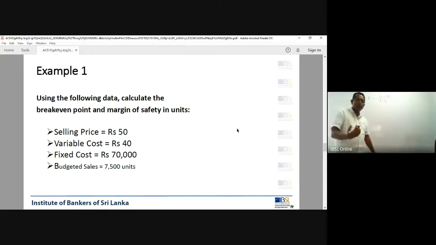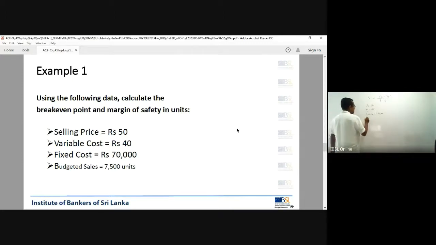So the question given is selling price P equals 50, variable cost VQ equals 40, fixed cost was 70,000, sorry, $70,000, right?